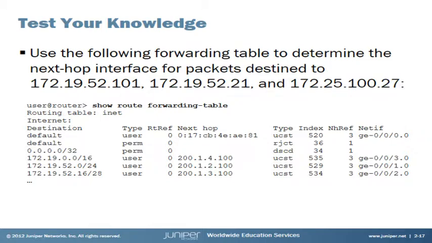So let's have a look at the next hop interface for packets destined to 172.19.52.101. When that packet arrives at the router, and we do a lookup on the forwarding table, which interface will that packet be sent out of?